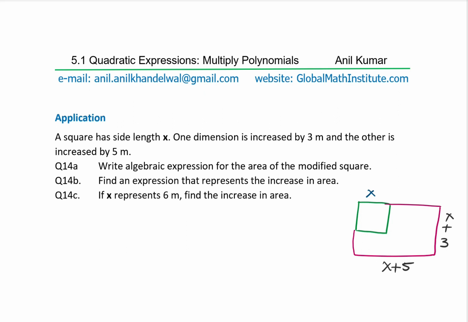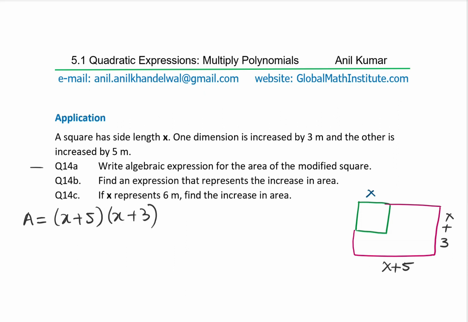Now we need to find, part A is write algebraic expression for area of the modified square. So the modified square area A will be x plus 5 times x plus 3.